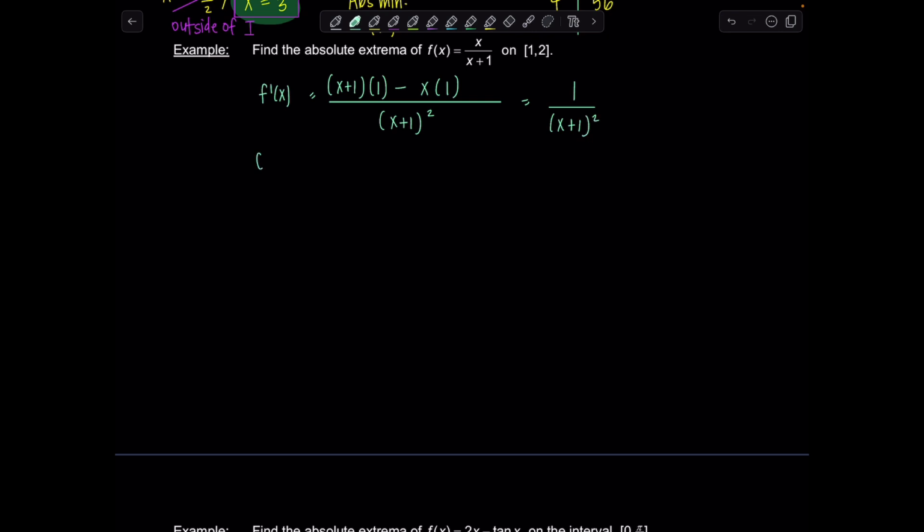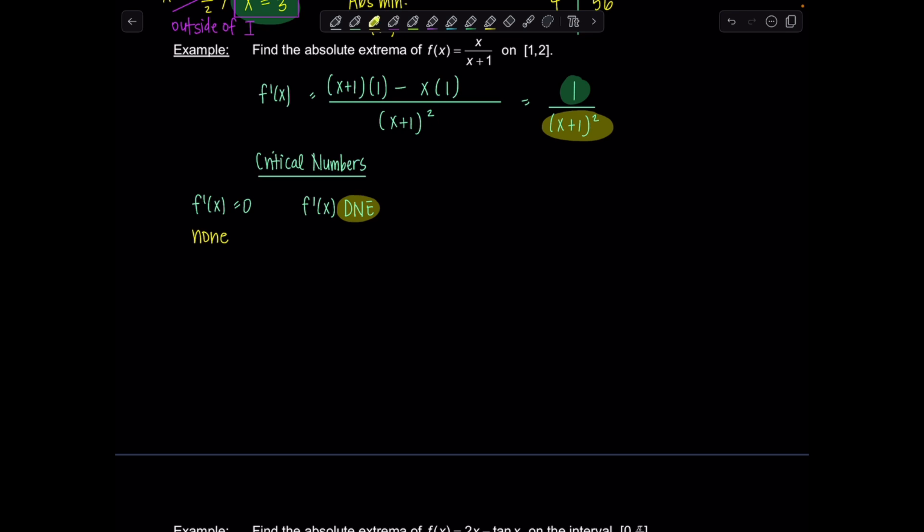Okay, so let's find our critical values or critical numbers. We want to see, where does f prime of x equal 0 and where does f prime of x not exist? Well, the derivative is 0 when the numerator is 0. That doesn't ever happen, right? None. The derivative doesn't exist when the denominator is 0.